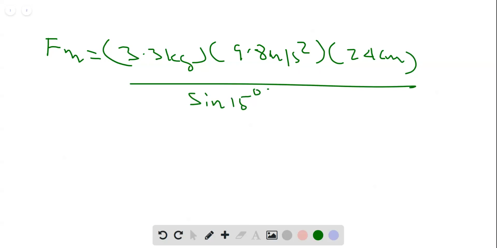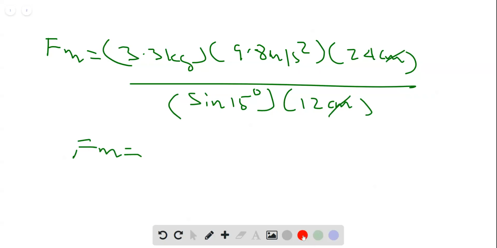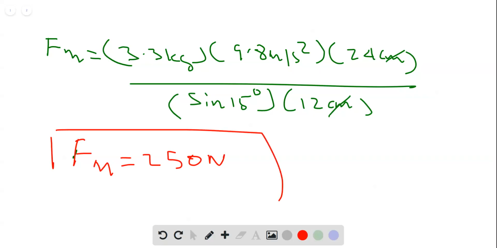Sine 15 degrees, 12 centimeters. These centimeters cancel out, so then Fm is approximately equal to 250 newtons.